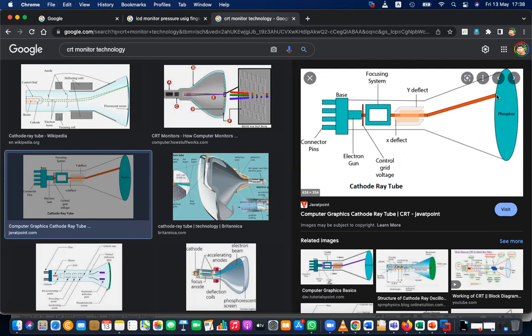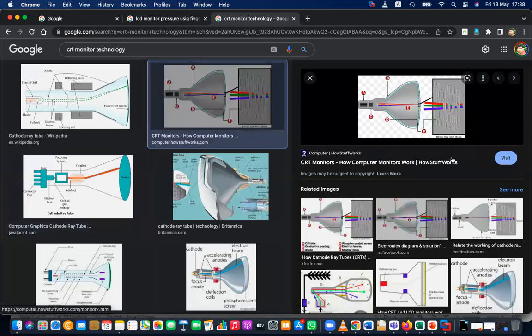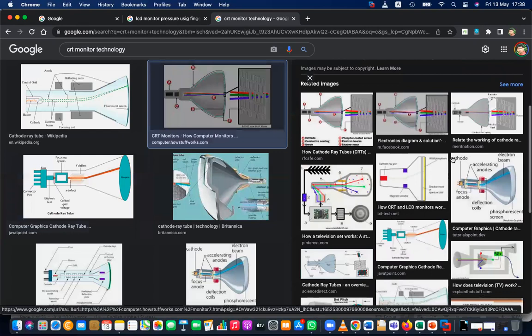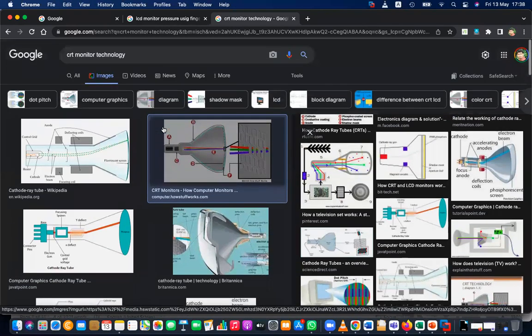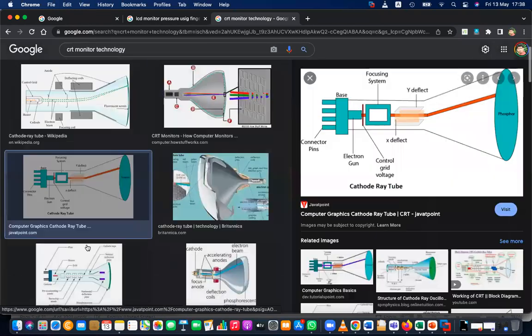Earlier displays focused only on black and white, but later in this kind of display, RGB, red, green, blue beams were used. The electron beam was able to illuminate red, green and blue pixels. That came later. Initially it was only a phosphor layer and black and white.